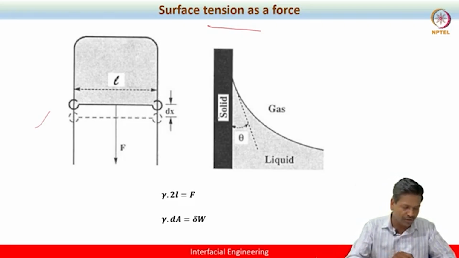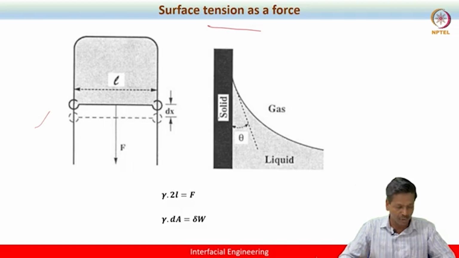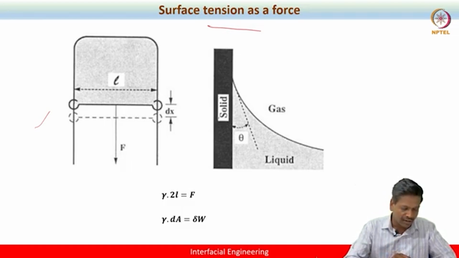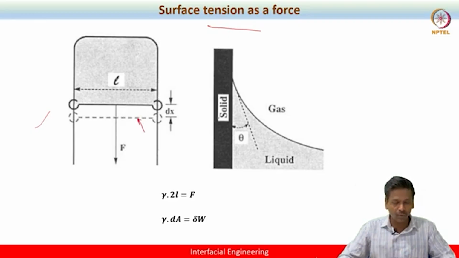So you assume that this container is filled with water and it is kept upside down. The dotted line represents the thin wire which was placed at time t equal to 0, and the solid line represents the position of the thin wire after some time t, after the action of surface tension has taken place.